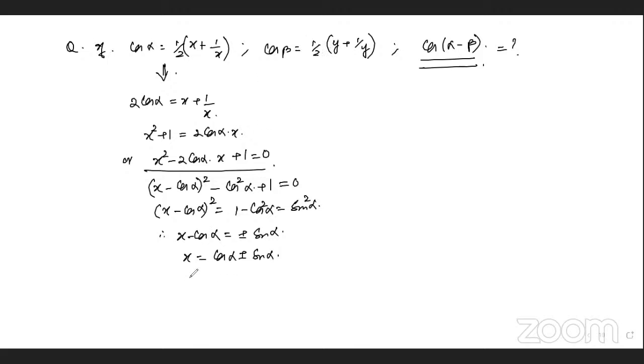And similarly, if we do the same procedure for the other equation, we will get y is equal to cos beta plus minus sin beta. ये बात समझ आ रही है आपको?